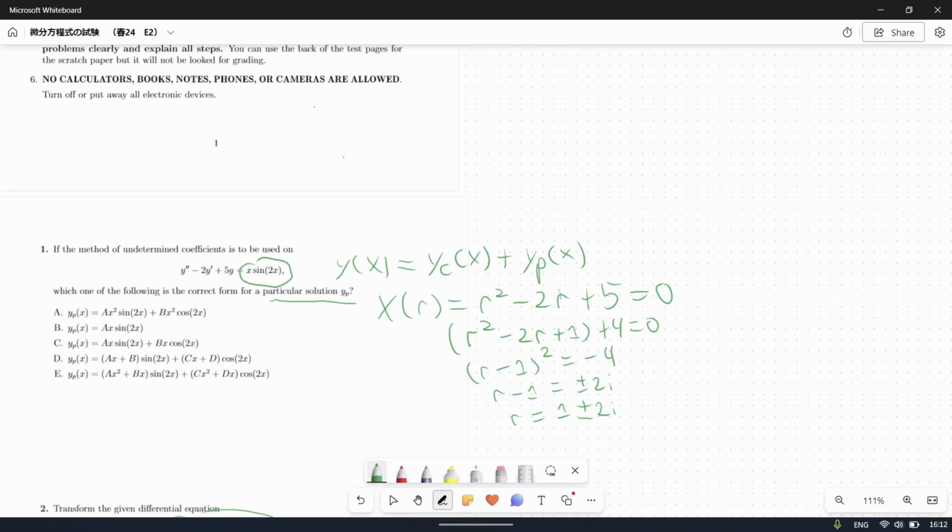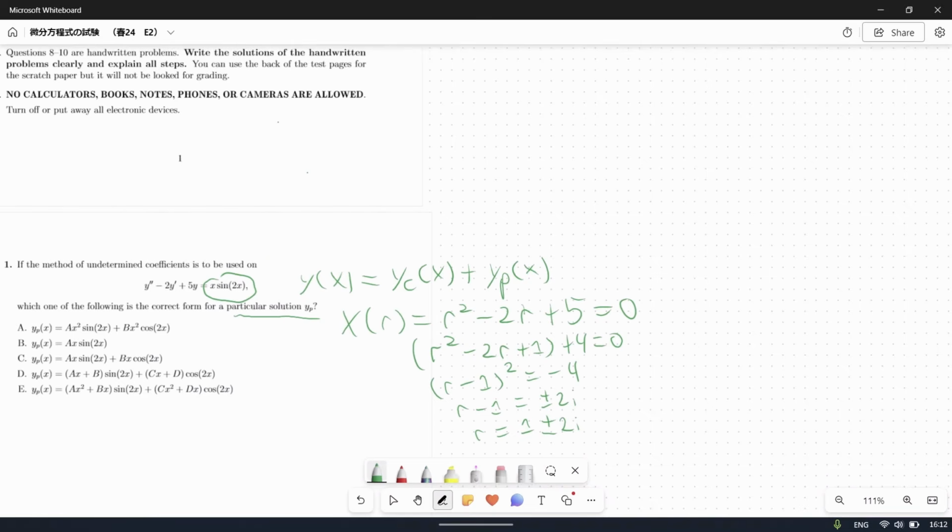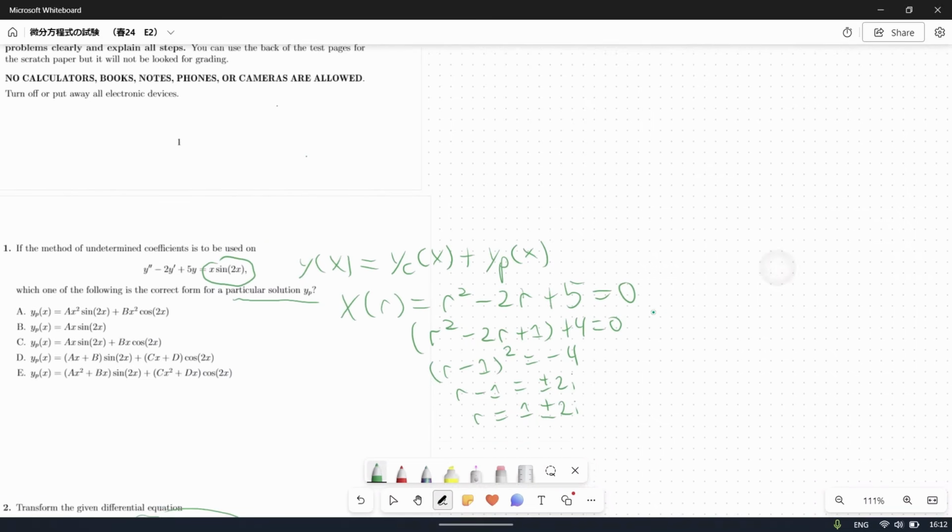And so we won't be able to just come up with a complementary solution right off the bat because of that. We're going to also have to make use of Euler's equation, which goes like this, where if we had a term where we said that we had e to the 1 plus or minus 2i x, we can rewrite this.